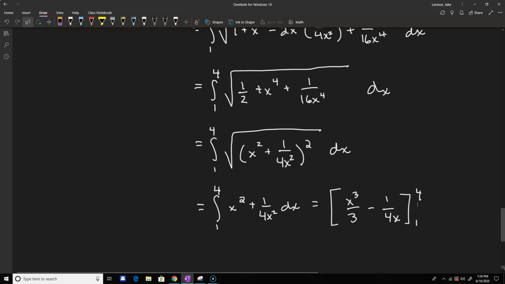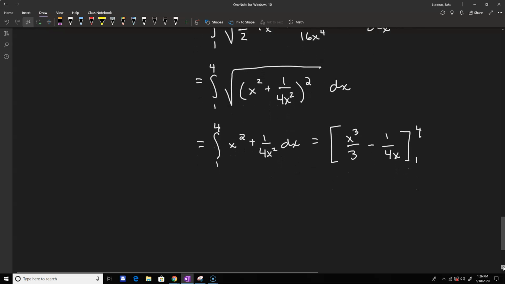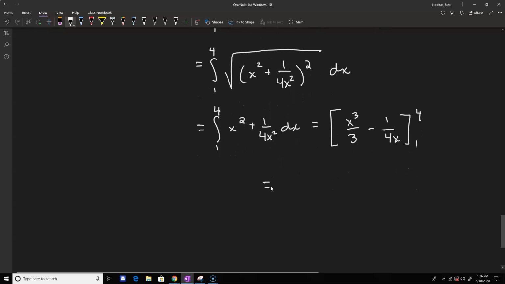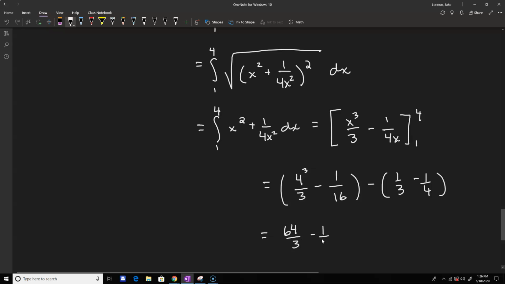We can finish that off by just plugging those numbers in and subtracting. So we end up with 4 cubed over 3 minus 1 over 4 times 4, which is 16, and then minus 1/3 minus 1/4. So 4 cubed is 64, so we have 64 over 3 minus 1/16, and then 1/3 minus 1/4 is 1/12, and then we've got the negative, so minus 1/12.